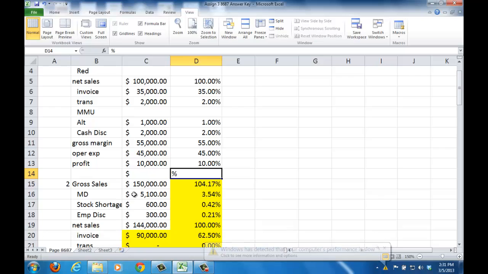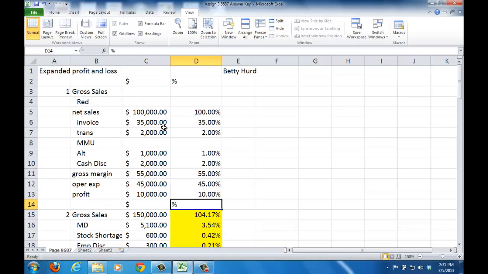We have a $5,100 markdown. We're going to subtract a shortage of $600, and it was an employee, so they got a discount of $300. So they're actually only going to pay $144,000. So we have to estimate all of those things in there.